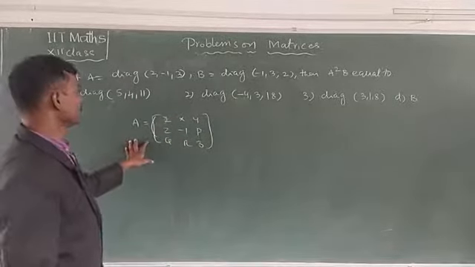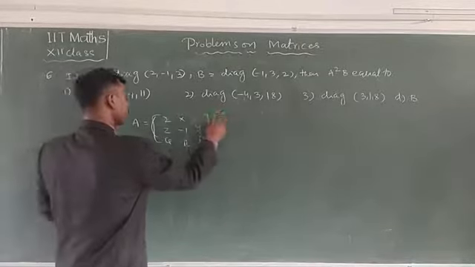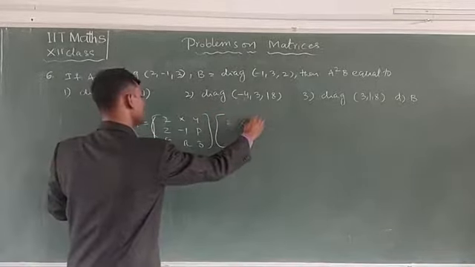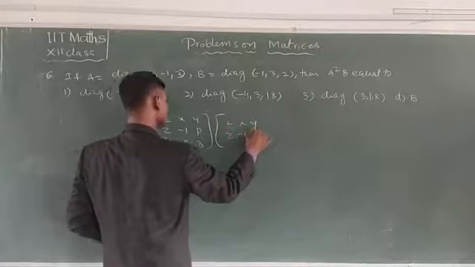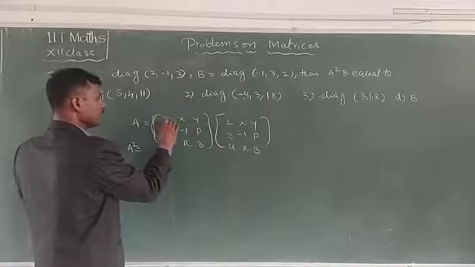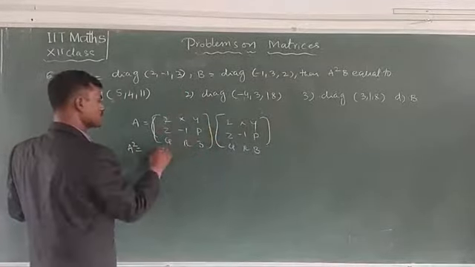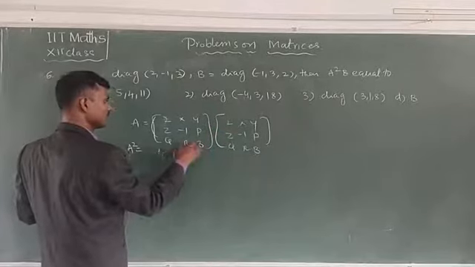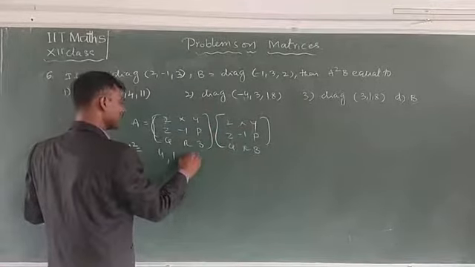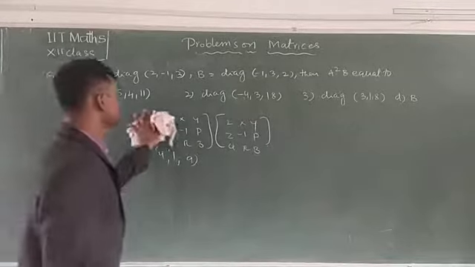Now you can find A square also. You can multiply again 2, x, y and z, minus 1, p and q, r and 3. Okay, you can multiply only these diagonals: 2 into 2 is 4 and 1 is 1 and this is 3 into 3 is 9, the same order will come. That's why you have to write here C.